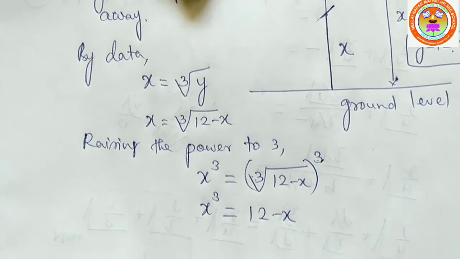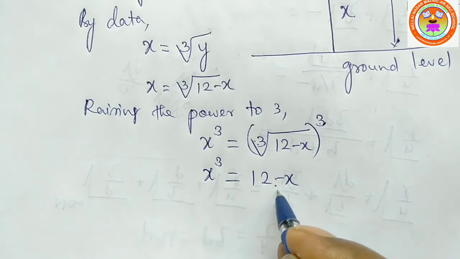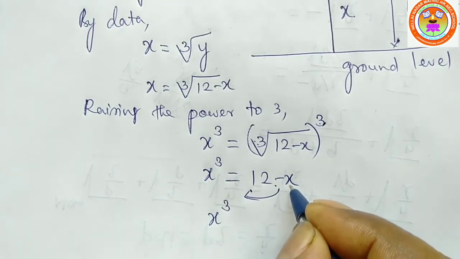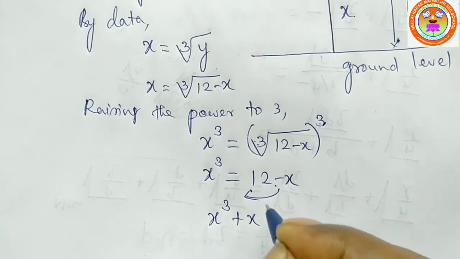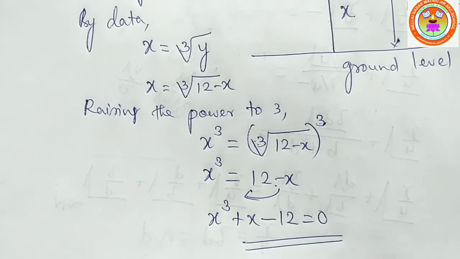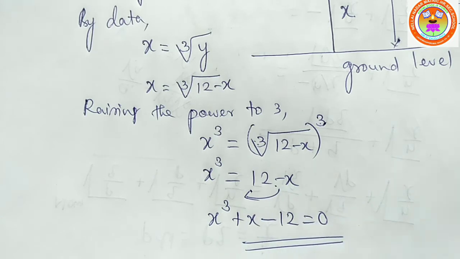If you take these two terms to the left hand side, it will become x cube, the minus x becomes plus x, and the 12 becomes minus 12, which is equal to 0. So we got x cube plus x minus 12 is equal to 0. This is the required cubic equation to find the height of the part of the tree which was cut away.